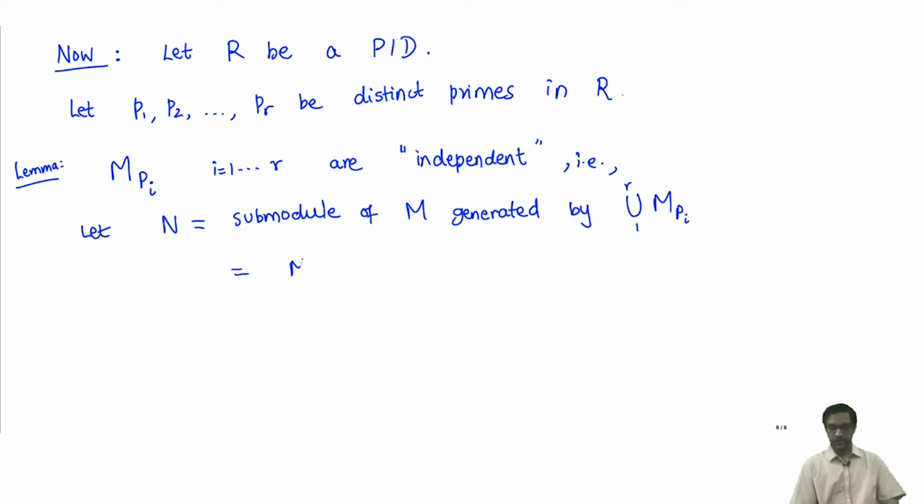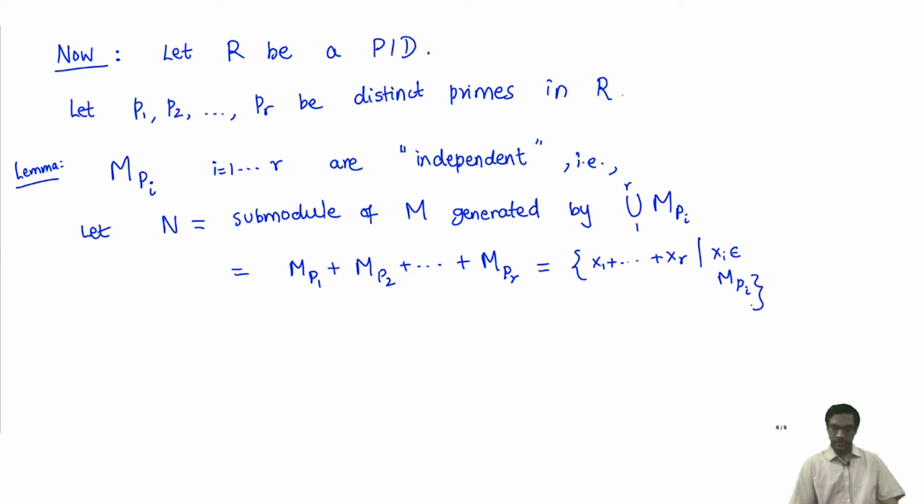We usually write this like this: MP1 plus MP2 plus MPR. In other words, what does the submodule comprise? Exactly elements of the form x1 plus x2 plus xr, where each xi comes from the appropriate MPI. So this is the collection of all such sums, which is exactly the submodule generated by their union.